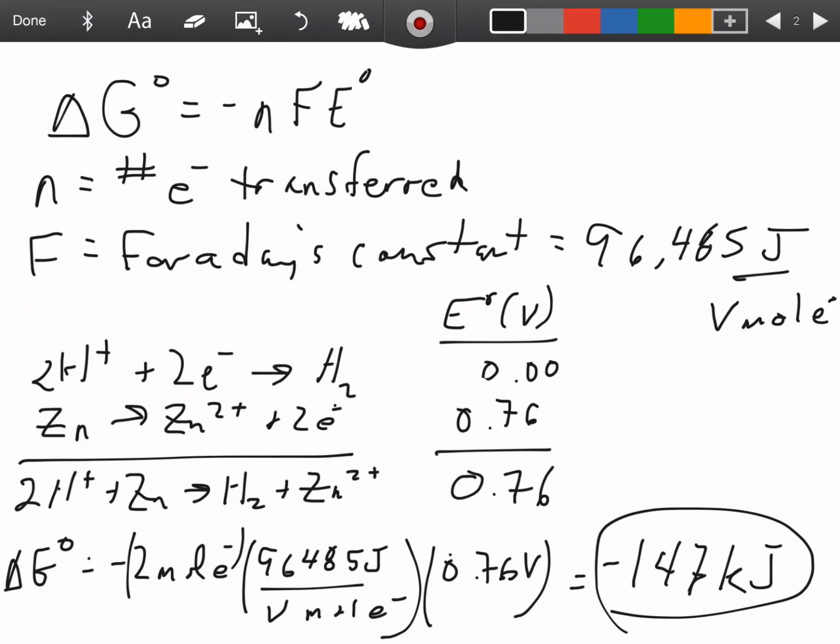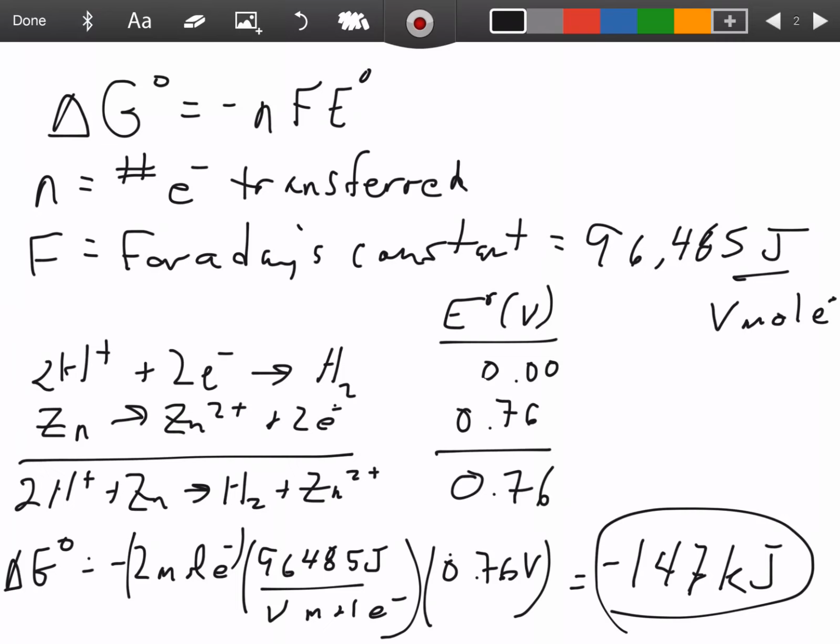And so if I wanted to convert that potential into a delta G value, delta G is equal to minus the 2 moles of electrons times Faraday's constant times the 0.76, and I get a value of negative 147 kilojoules. It's a negative value, delta G is negative, and so it must be a spontaneous reaction.